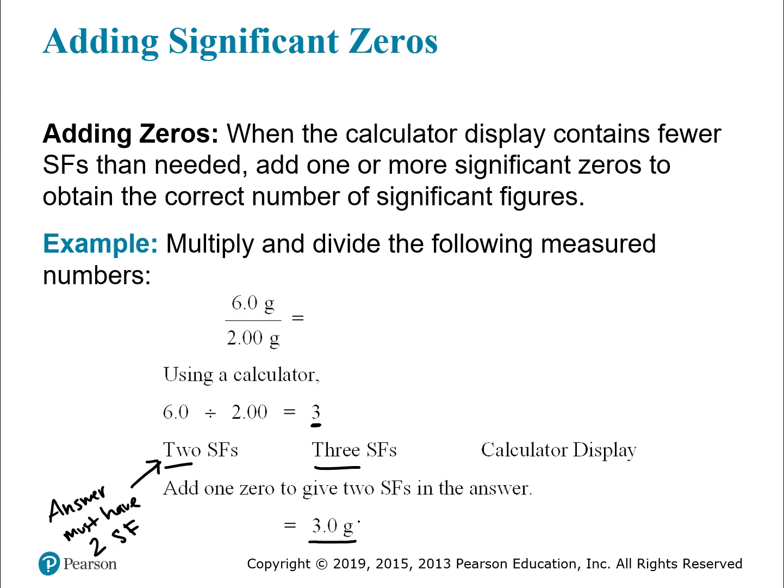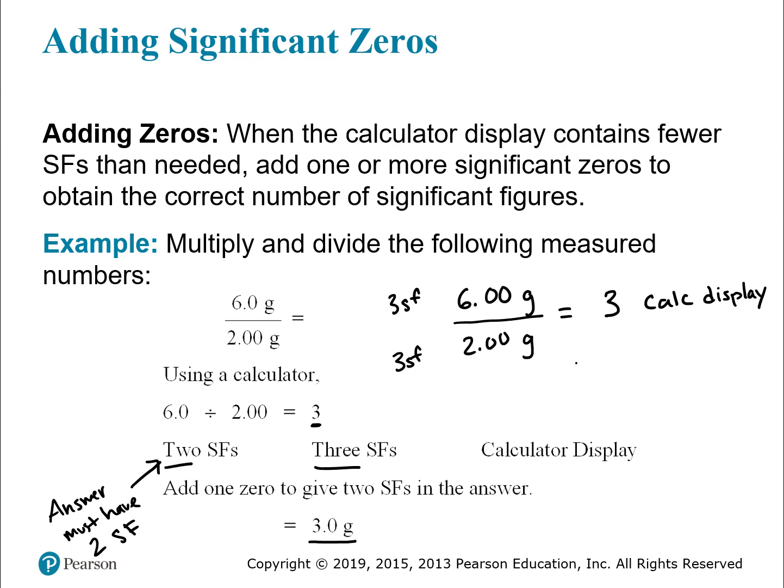I'll give you another example. Let's say that we had 6.00 grams divided by 2.00 grams. Your calculator is still going to tell you 3. But you've got 3 sig figs and 3 sig figs for your 2 measurements.